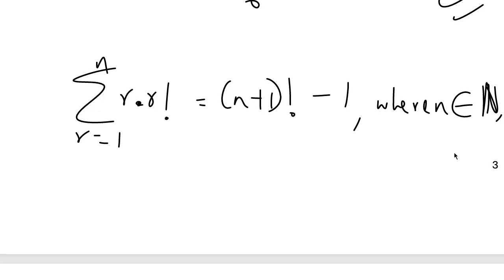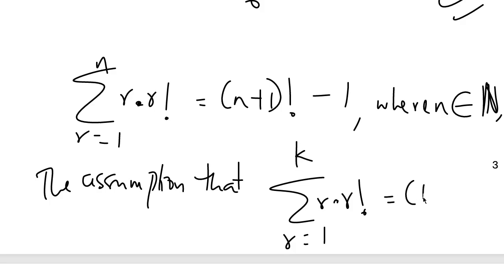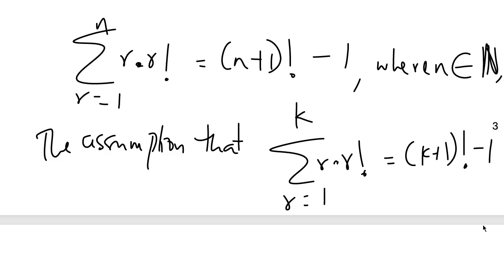Because for PMI, we're talking about natural numbers. So it now says the assumption that the summation of r times r factorial from r equal to 1 to k is equal to k plus 1 factorial minus 1 leads to what?